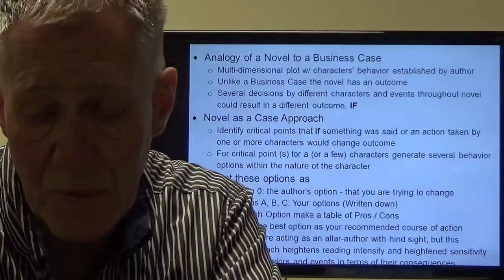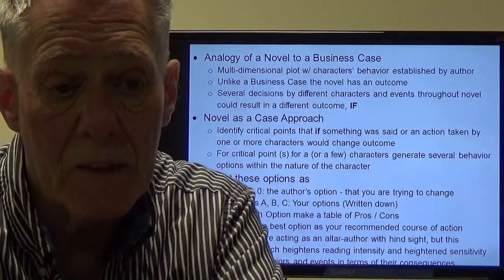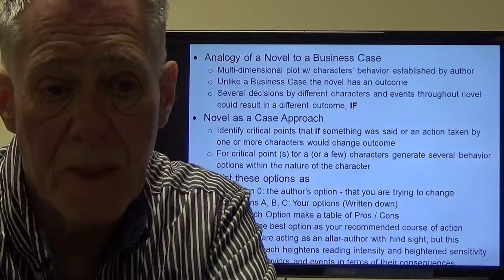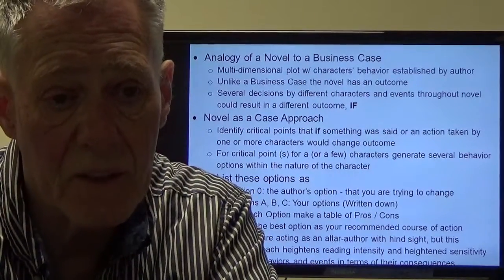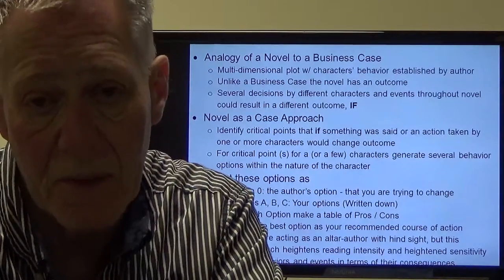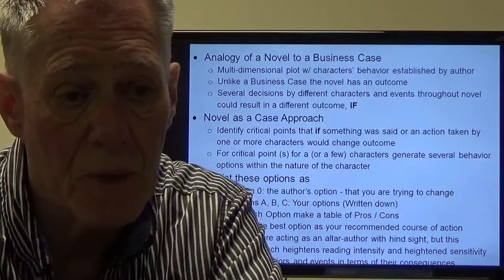What I'm suggesting is that you read the novel and then identify the various critical points where, if something was said or an action taken by one of the characters, or a number of them, it would change the outcome. Oftentimes the outcome is not desirable, and so this would change it to a more favorable outcome.